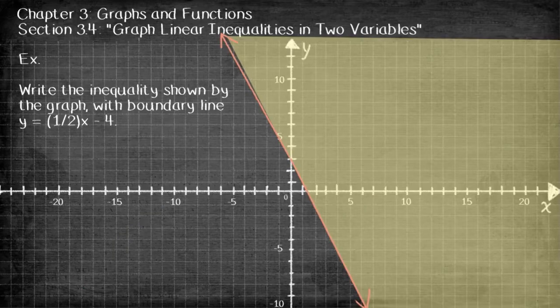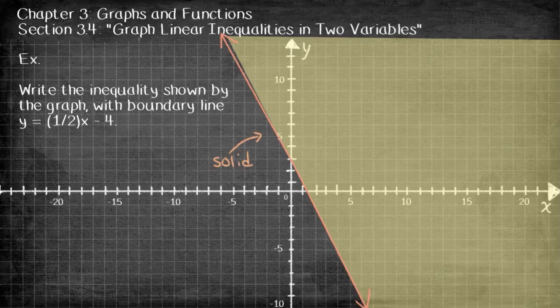All right, so here we're given the task of figuring out which linear inequality in two variables this picture is the graph of. The first thing that I notice in this picture is that this line is solid.